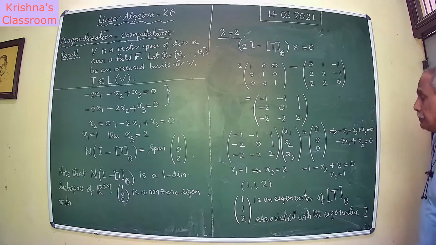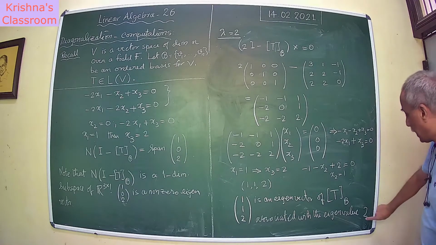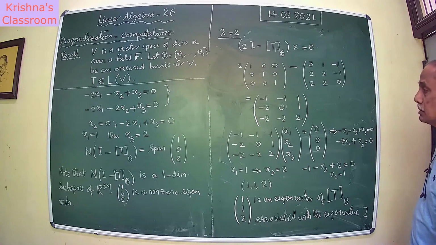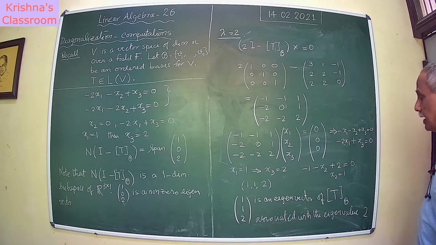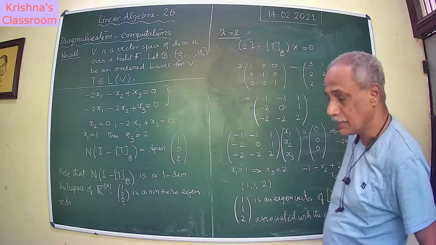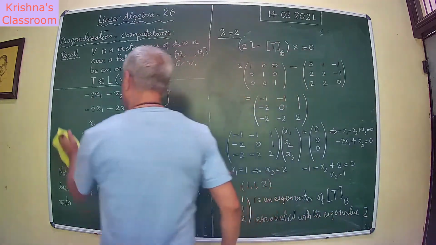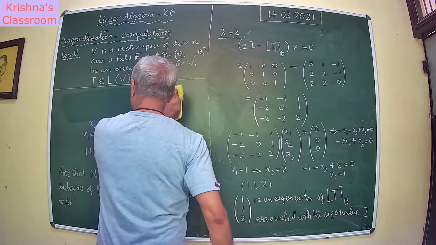But the algebraic multiplicity of the eigenvalue 2 is 2, whereas there is only a one-dimensional vector space associated with 2. So let us make note of that.